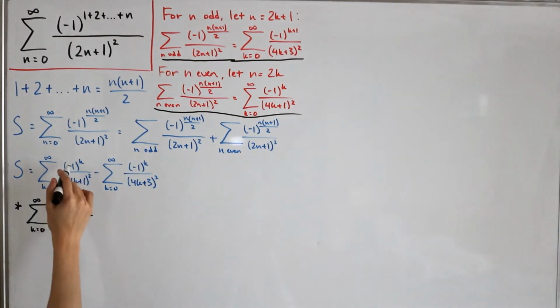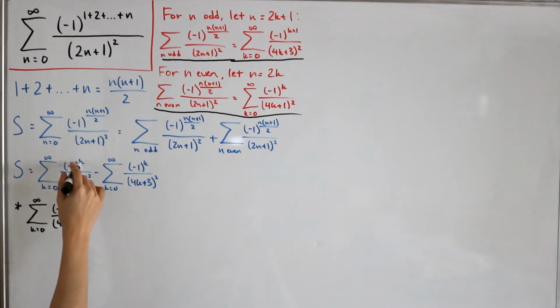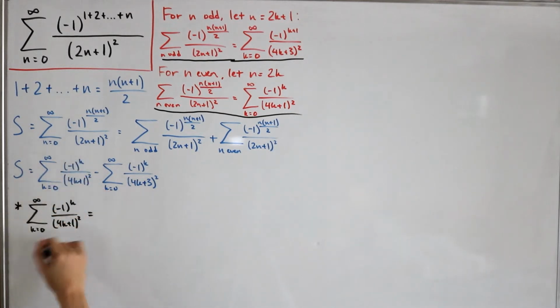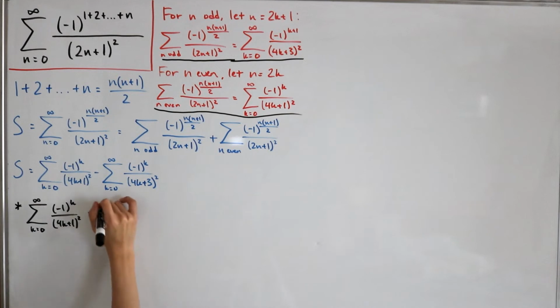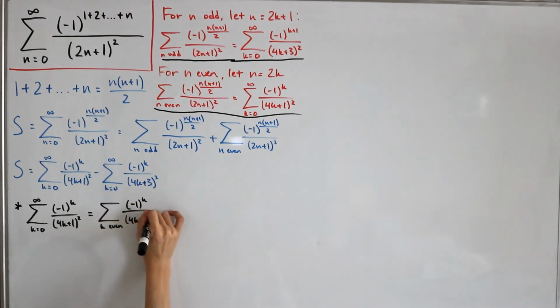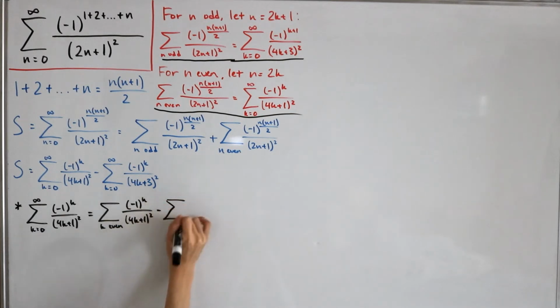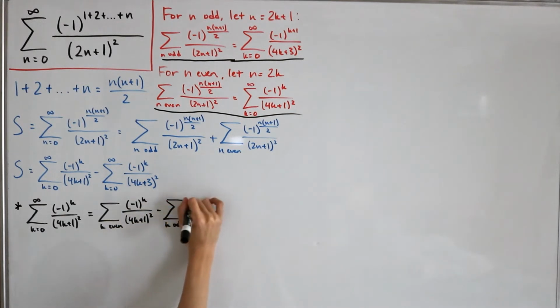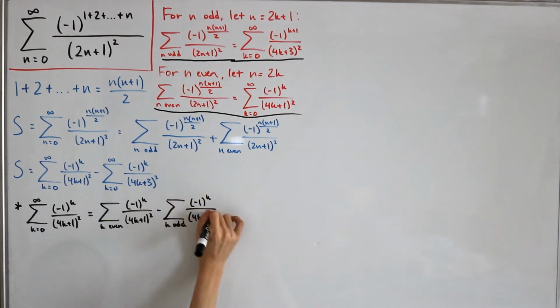Because of the alternating sign, the even terms are all positive when we plug them back in, but when we plug in odd terms, we get the negative. So we add all the negatives that apply to the odd terms. First we have the sum over k even of the same series, and then we subtract everything associated with the odd terms for k: -1 to the power k divided by 4k plus 1 square.